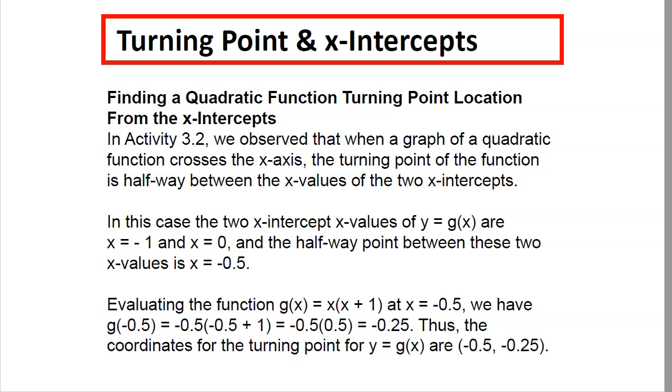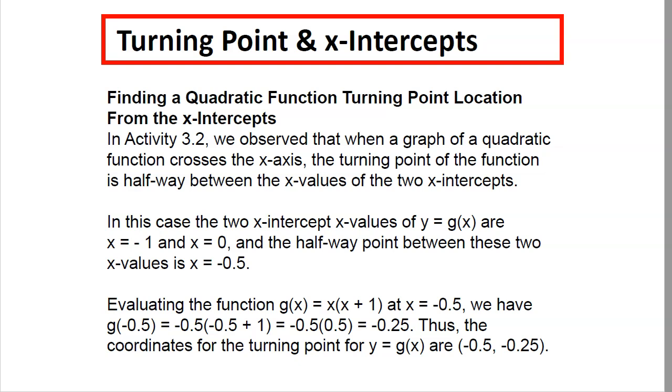How do we find the turning point? In Activity 3.2, we observed that when the graph of a quadratic function crosses the x-axis, the turning point of the function is halfway between the x values of the two x-intercepts.